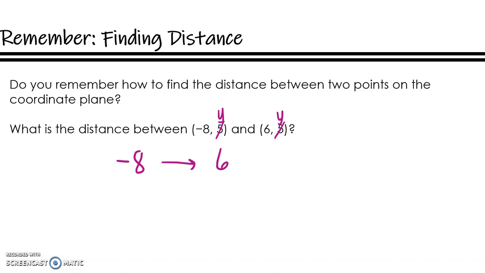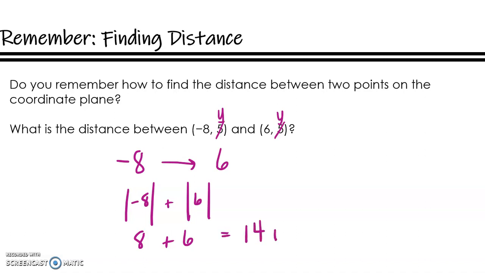Because these two coordinates have opposite signs, one is to the left of 0 and one is to the right, so we add the absolute values of these numbers. So 8 plus 6. I know 6 plus 6 is 12, and 8 is 2 more than 6, so that is 14, and they're 14 units from each other.